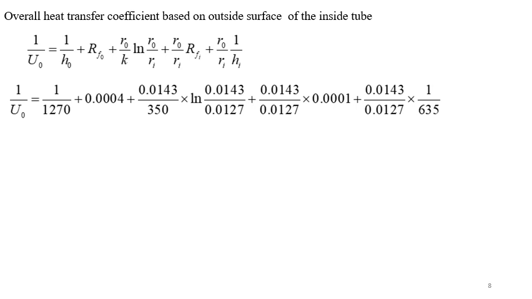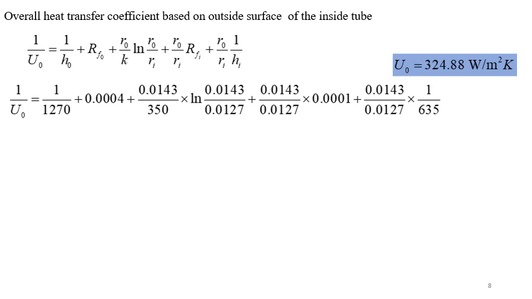See, 1 by H naught is 1270 plus RF naught is 0.004 plus R naught is how much? 2.85 or 2.86 centimeters. This is the radius, so convert it and substitute and calculate the value. U naught is equal to 324.88 watt per meter square Kelvin. That is the answer you will get.